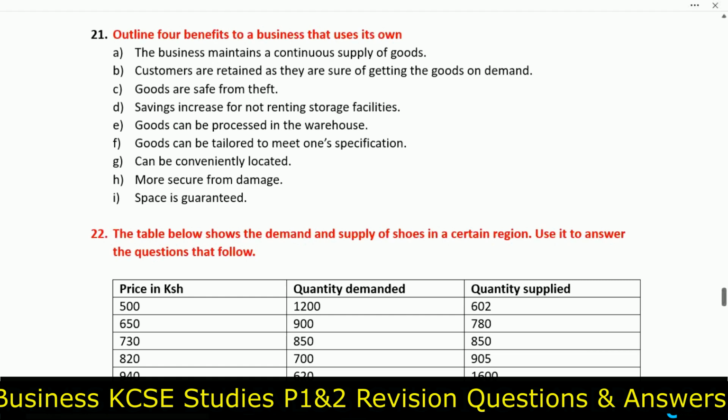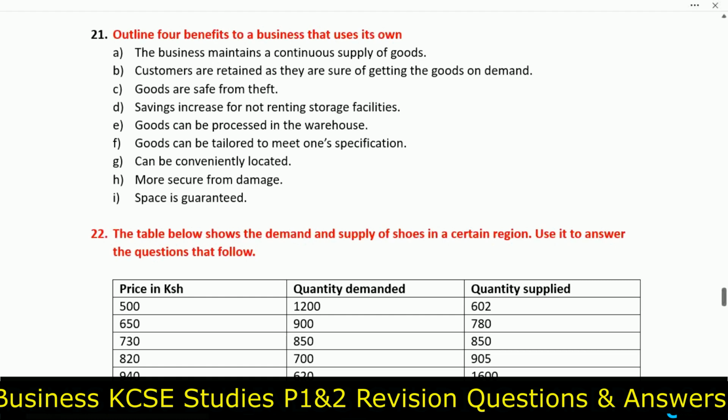Number 2, customers are retained as they are sure of getting the goods on demand. Number 3, goods are safe from theft. Next, saving incurred for not renting storage facilities. Next, goods can be processed in the warehouse.